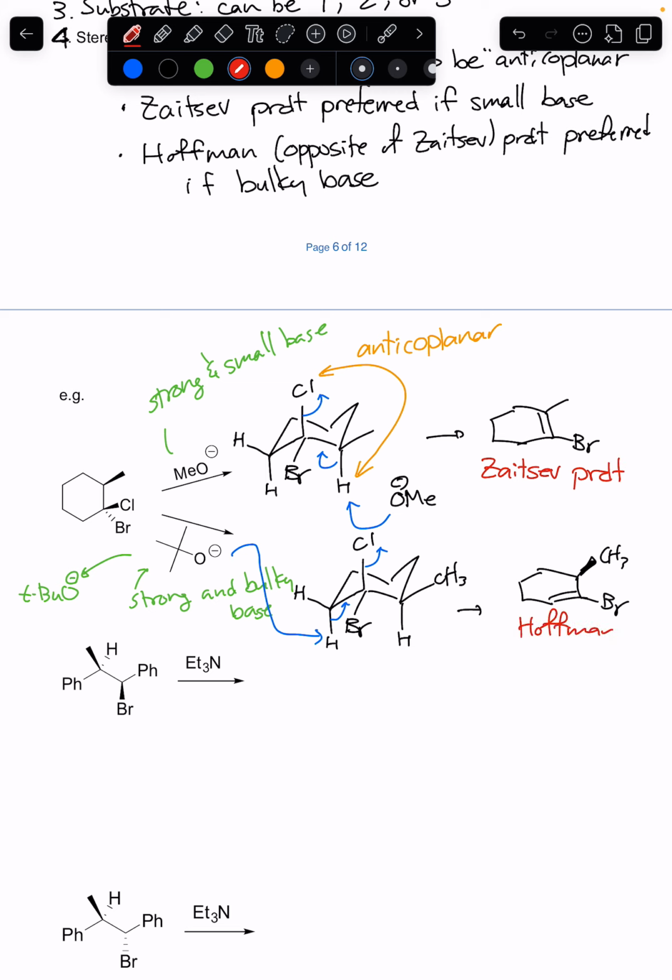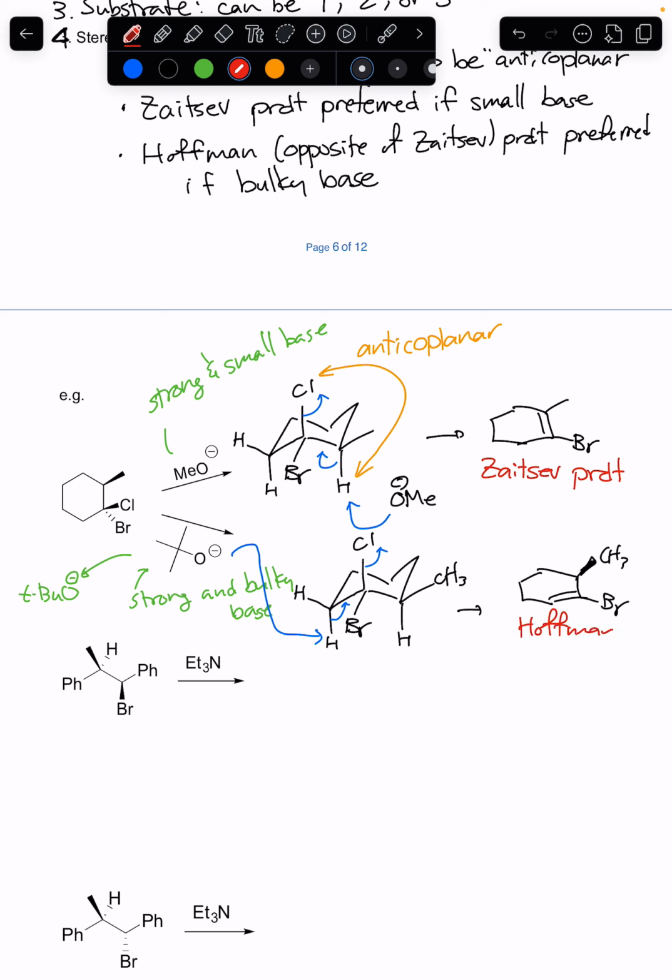Okay, that's how we would distinguish those two. This is a tetrasubstituted alkene, this is trisubstituted. Okay, and then we are saying that what happened here is because the less sterically hindered proton was grabbed to make the Hofmann product.